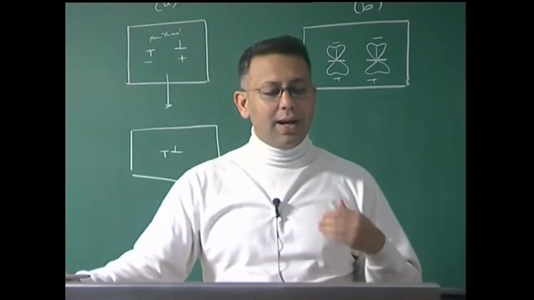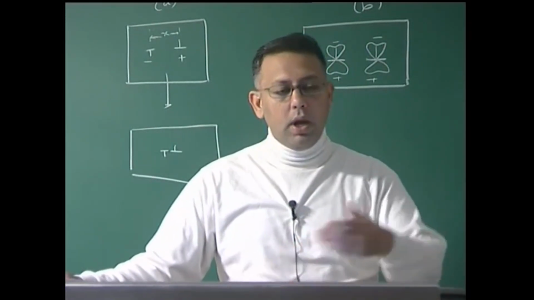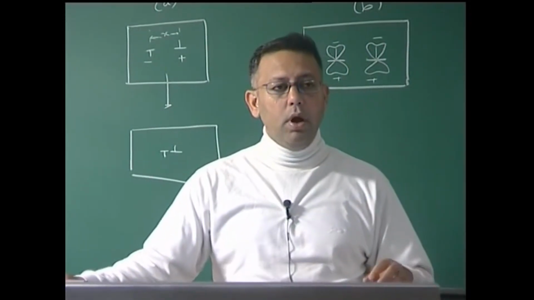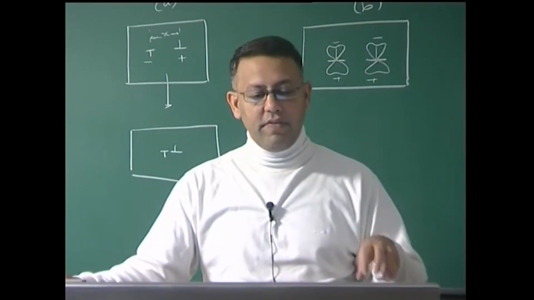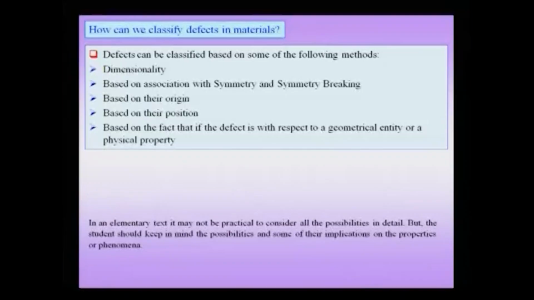So, how can I understand and classify what we might call a large number of defects, and what important ways of classification can actually highlight the role of a defect in terms of its property? We can classify defects based on dimensionality. I can classify defects based on association with symmetry and symmetry breaking, or on their origin.